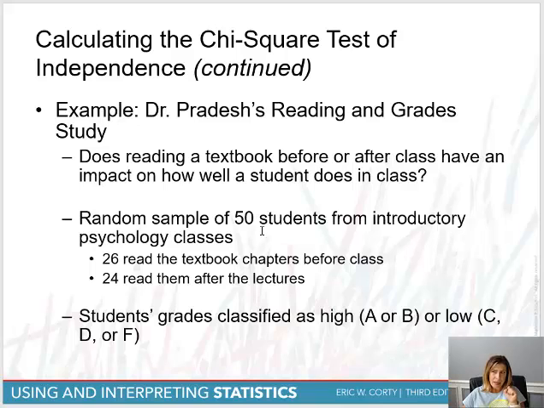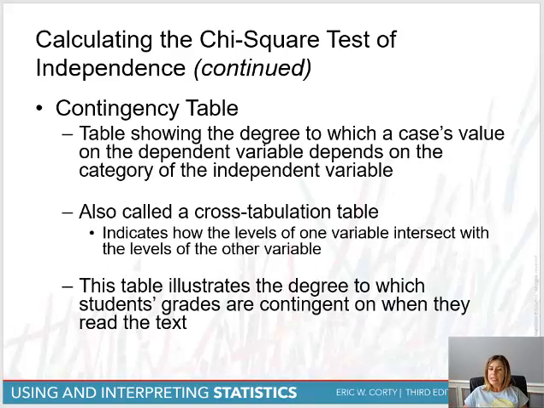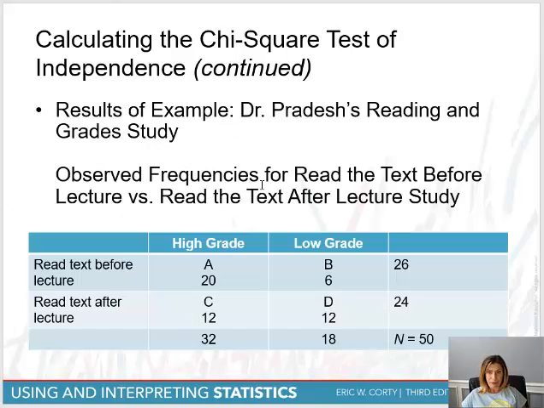And this put them into a table that is sometimes called a contingency table, also called a cross-tabulation table. This table really illustrates the degree to which grades are contingent on when they read the text, whether there's a relationship between those variables. So let's look at that crosstab or that contingency table.